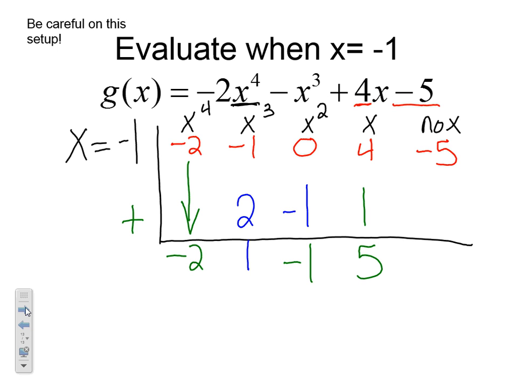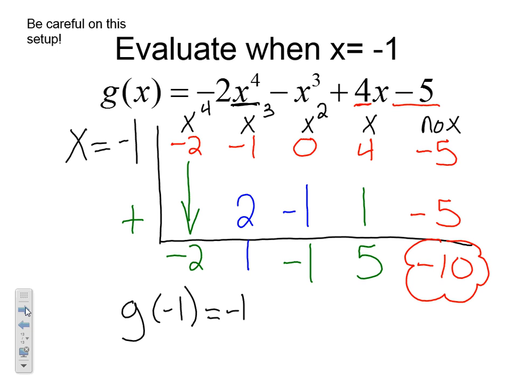And negative 1 times 5 is a negative 5. Add those together, and I get, because this is where my answer is going to be, negative 10. So just to finish it off, I have g of x. So when x is -1, my answer is going to be -10.